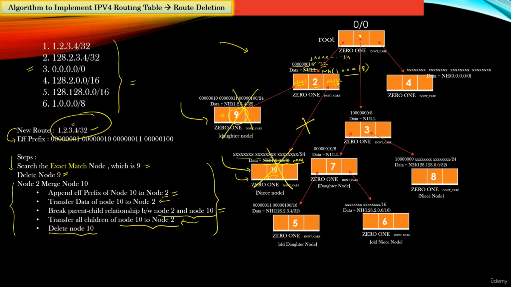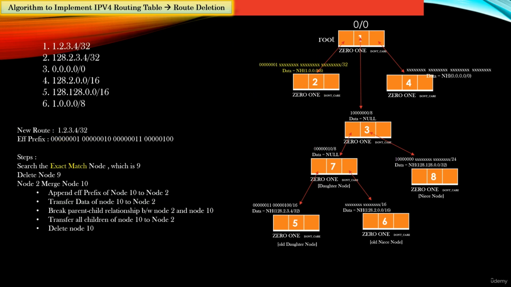So the final mtry data structure would look something like this. The effective prefix of node 2 has now grown from just prefix length 8 to full prefix length 32, because this portion of the effective prefix is coming from node number 10, which has been merged into node 2.